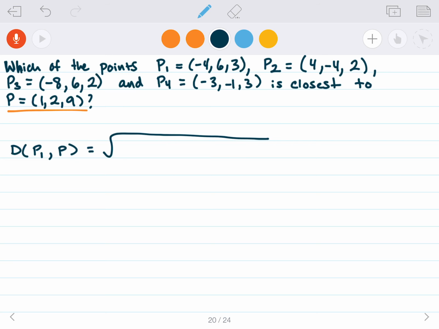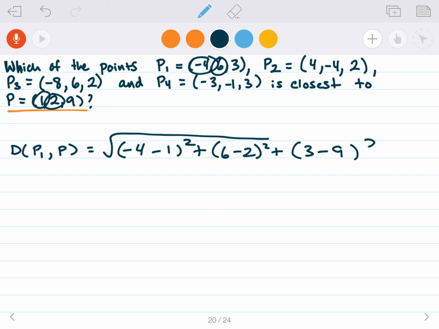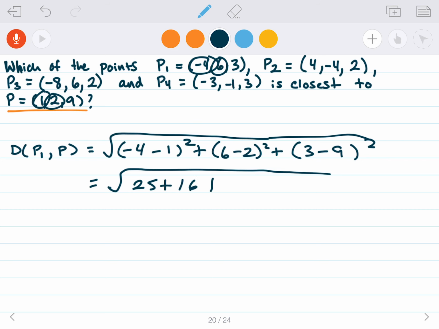I have negative 4 minus 1, so I'm taking this component minus this component, squared, plus the next one is 6 minus 2 squared, plus 3 minus 9 squared. Let's see what this gives us in the calculator. That's going to be 25 plus 16 plus 36.